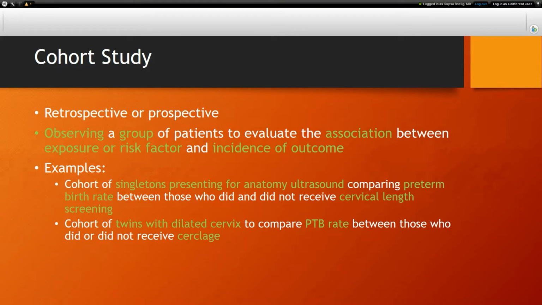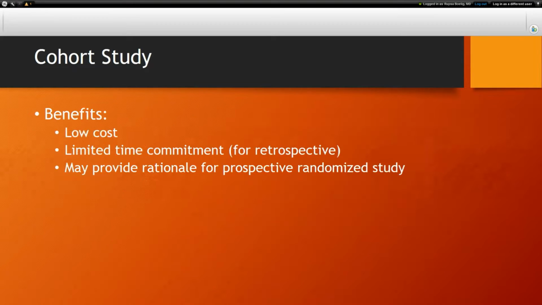Similarly, you could do like what Dr. Roman has done, a cohort study prior to her randomized trial of twins with dilated cervix. And so that's your patient population, comparing the exposure, which is cerclage or no cerclage, and the incidence of your outcome, which is preterm birth. So those are examples of cohort studies.